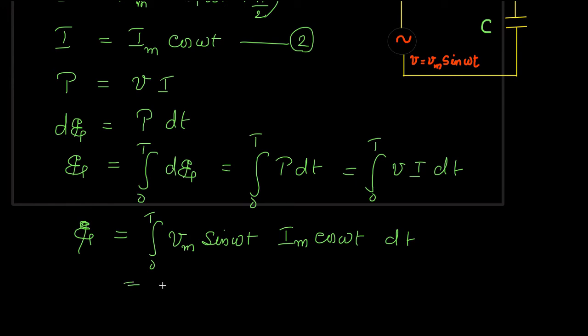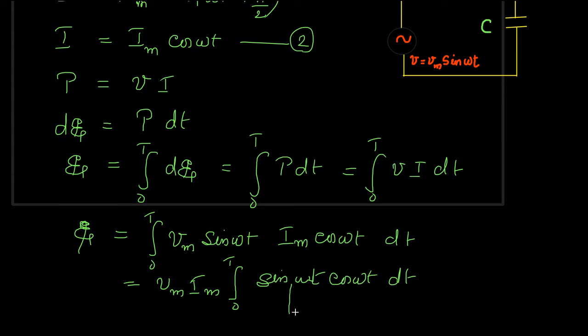That is equal to Vm Im, which are constants, the voltage amplitude and current amplitude, into integration from 0 to t sin omega t cos omega t into dt.